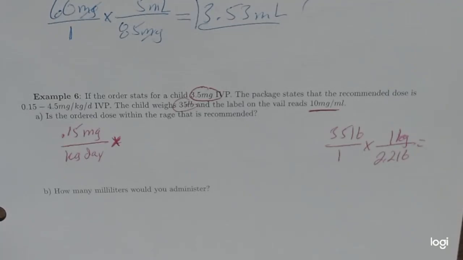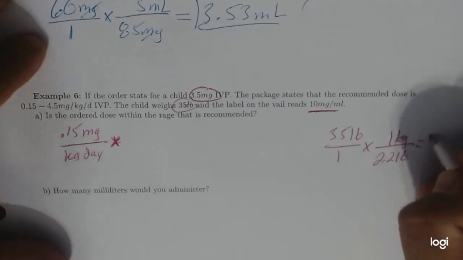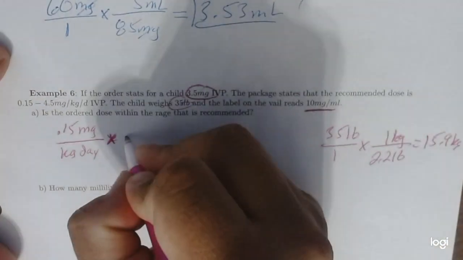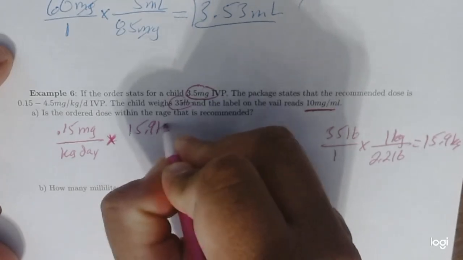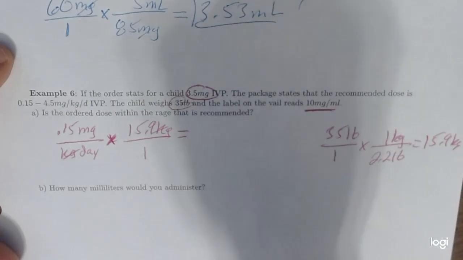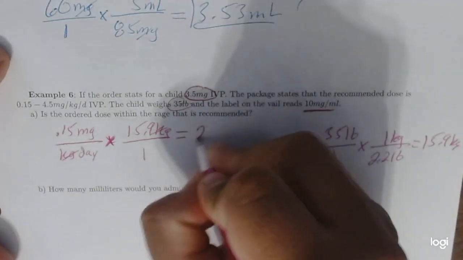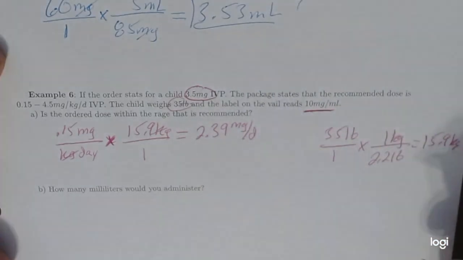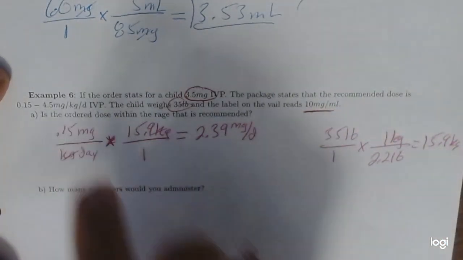Dividing this out gives you about 15.9 kilograms. Times 15.9 kilograms, those cancel. So this becomes approximately 2.39 milligrams per day.